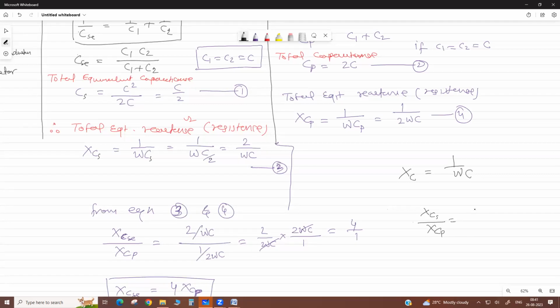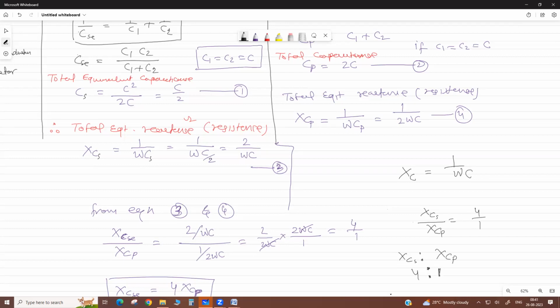Then we found it is 4/1, meaning if you calculate the ratio of CS to CP, it is 4:1. This means it is 4 times more than CP, correct?